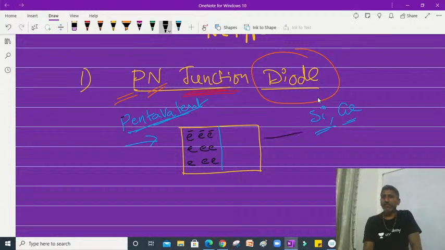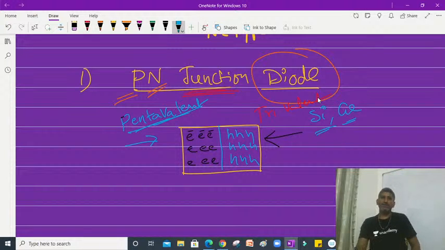And students, on this side if you are doping with a trivalent impurity, what happens here? Holes are the majority here. Students, are you clear with this? Now what I did is choose one semiconductor sample, either silicon or germanium, whatever it may be.